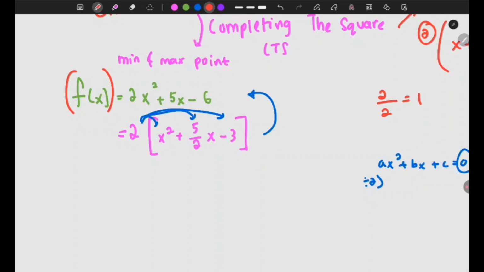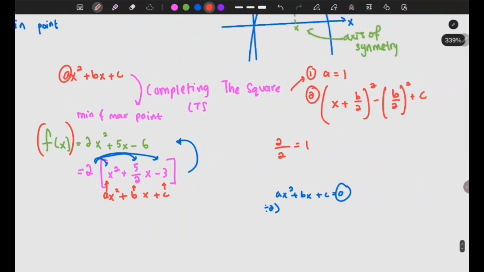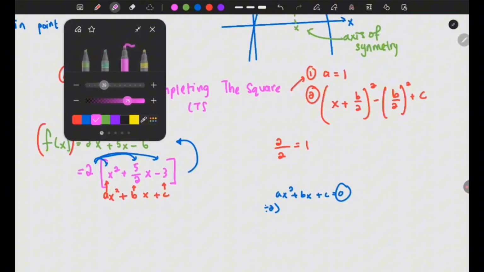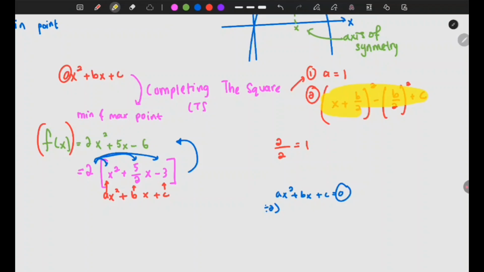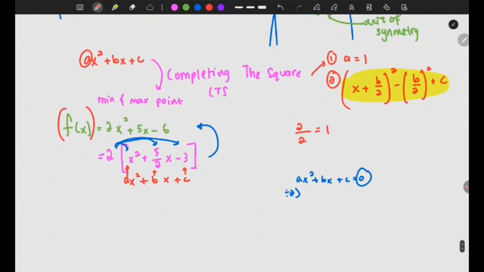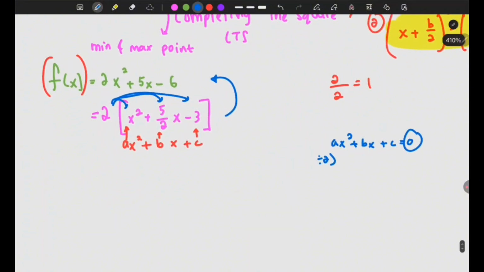And my b is 5 over 2, my c is negative 3. And I can actually substitute inside my equation, which is this one. Just bring everything into the equation. What's your b? 5 over 2, and your c is minus 3. So put x inside. b is 5 over 2 divided by 2.